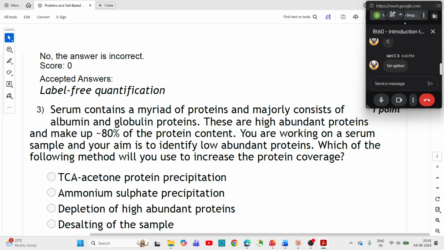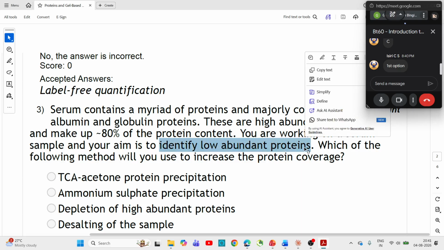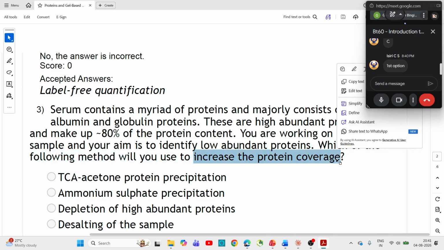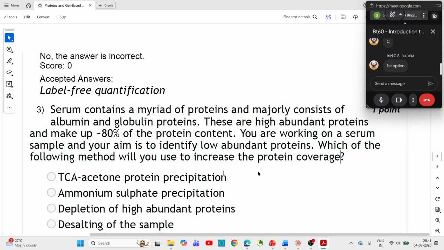In a serum, there are high abundant proteins like albumin, globulin. You are working on a serum sample and need to identify low abundant proteins. Which of the following methods will you use to increase the coverage of those low abundant proteins? A or C? Protein precipitation is there, yes, but the first step would be depletion of high abundant protein.